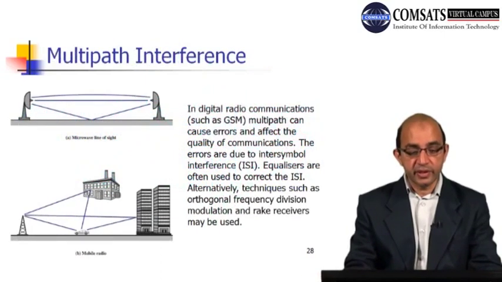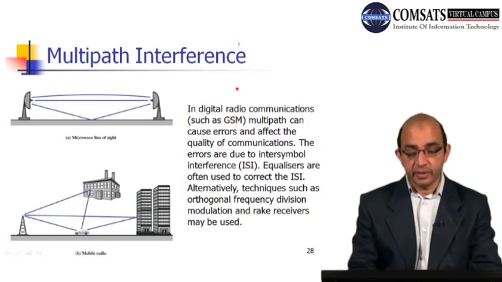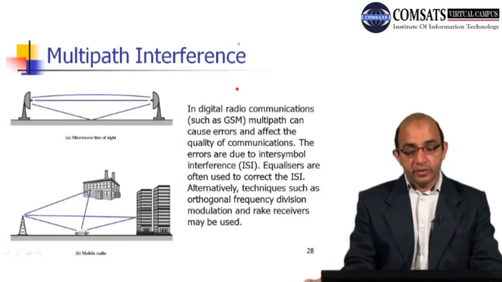So here you can see the example of multipath interference. You can see that we have line of sight communication over here, and this signal is being received by this antenna straight away, but here we have the interference. The best example is GSM. It can cause errors and affect the quality of communication.